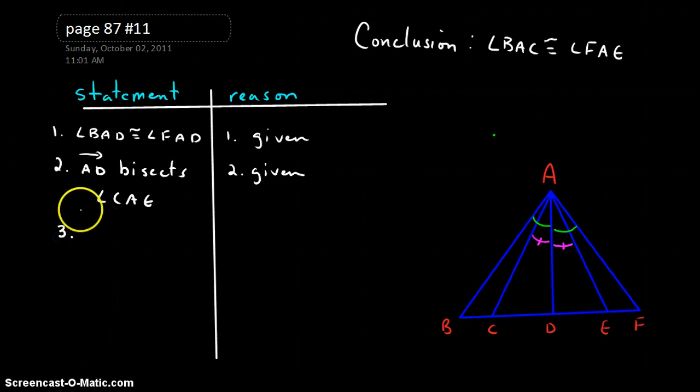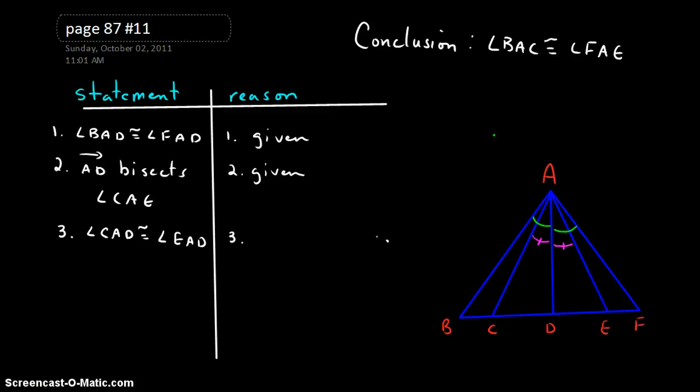So step 3, angle CAD is congruent to angle EAD. And how do I know that? Well, that was from the previous step. If I have an angle bisector, I get congruent angles. So remember, your proof sheet gives you these reasons listed in the proper, precise language that I want you to use.